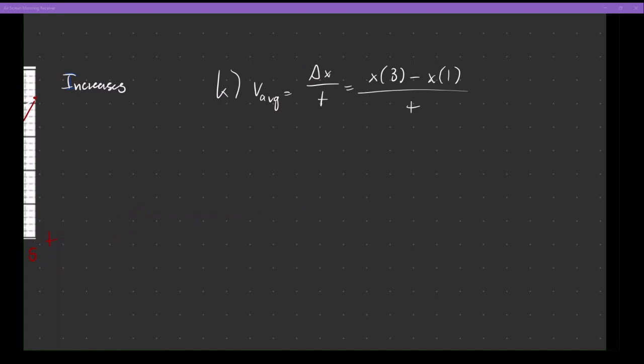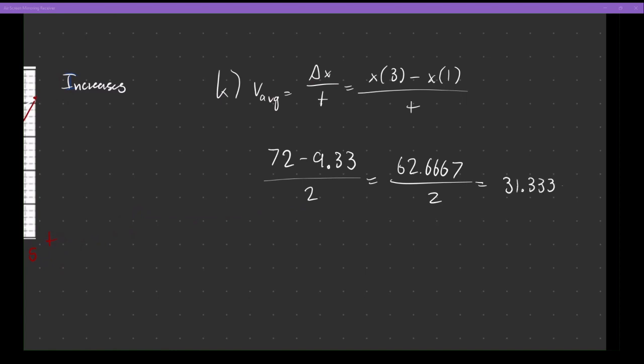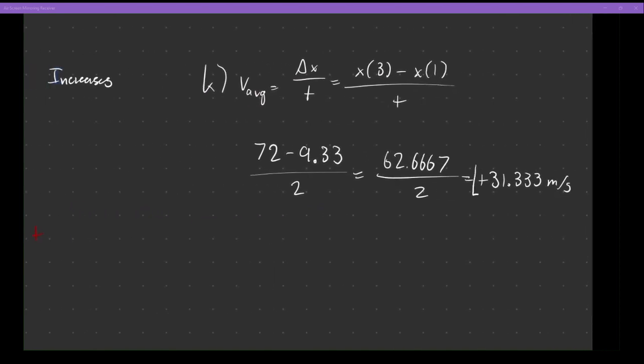And then x of 3 is 72. x of 1 is about 9.33. t between 3 and 1 is just 2. So this is just equal to 62.6667 over 2. Putting it into your calculator, it gives 31.333 meters per second. Plus, because velocity is a vector, and it's going to the right still. So plus, that's your average velocity, 31.333.